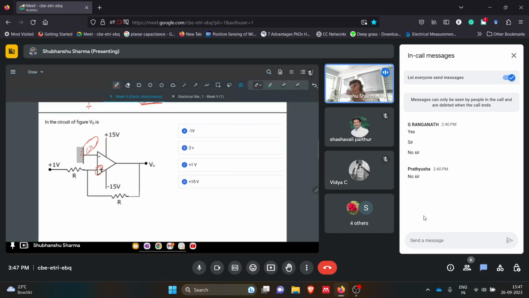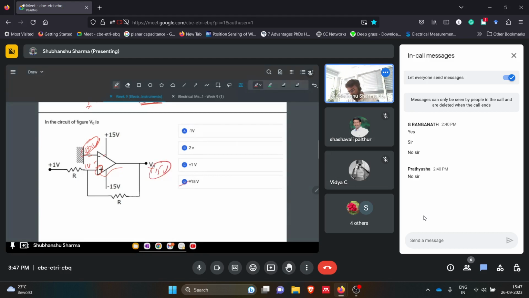Threshold is where you change your output voltage levels. You cannot use virtual short here. So simply use this as a comparator, where you can see that this is 1 volt and this is 0 volts. So this is higher than this one, so the output will be plus V saturation, that is plus 15 volts.